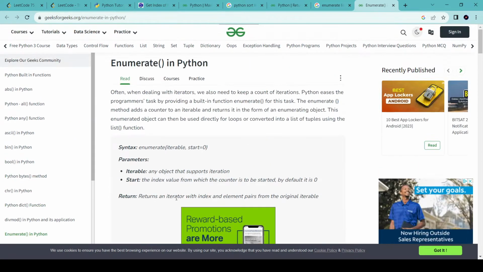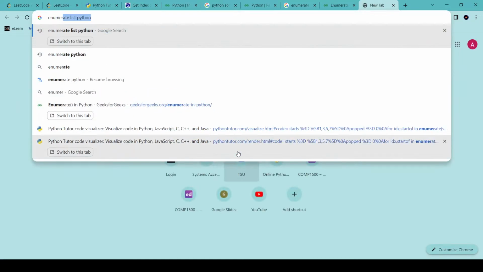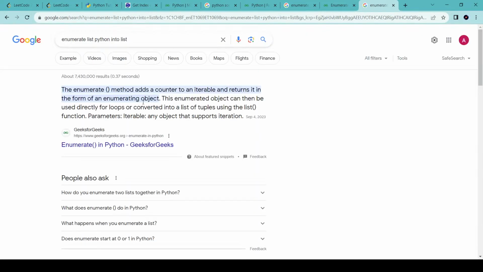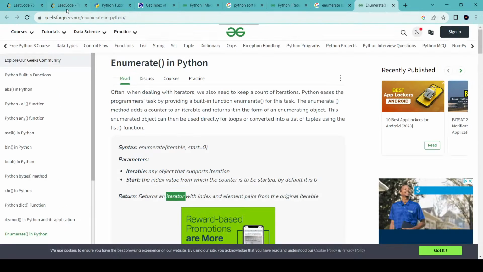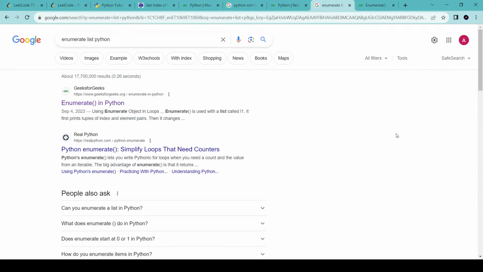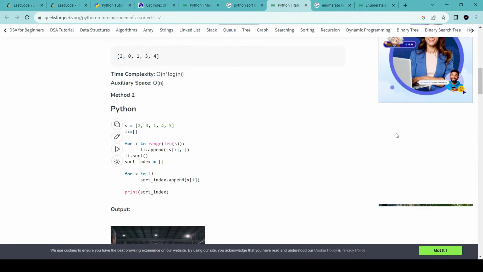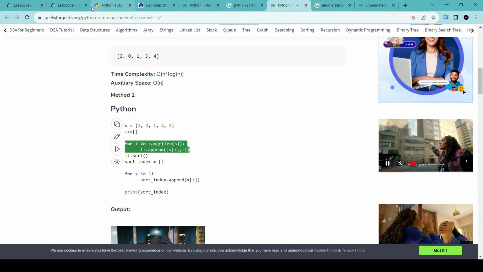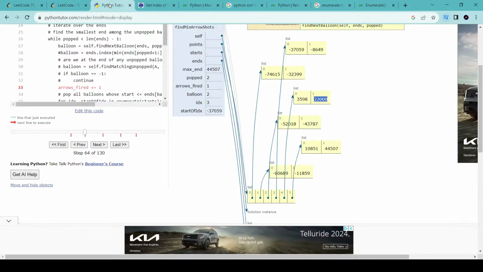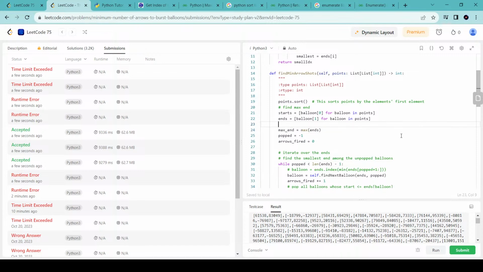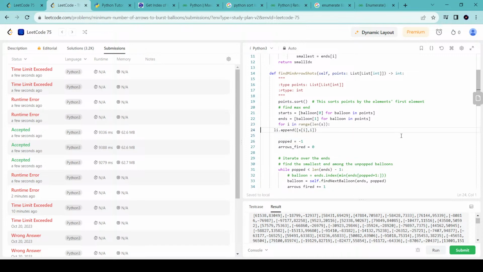Enumerate actually returns an iterator. I don't think enumerate will do the thing we wanted. So instead, I guess this is one way of doing it. Let's at least try to be a little bit Pythonic about it.